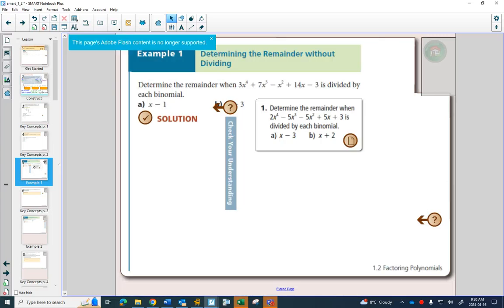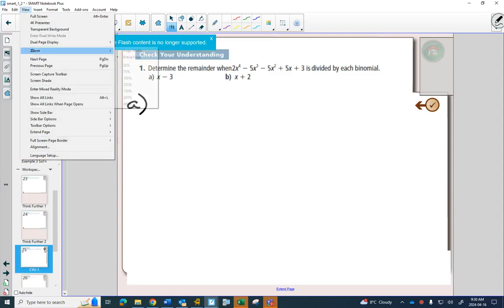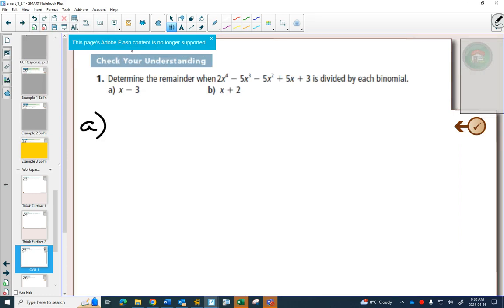So when we get to example 1 here, it says determine the remainder when each thing is divided by each binomial. And when doing these questions, you have 2 options. Option 1, I'm going to let p of x equal this, to save myself some time, and you could just plug in 3 and see what answer you get.